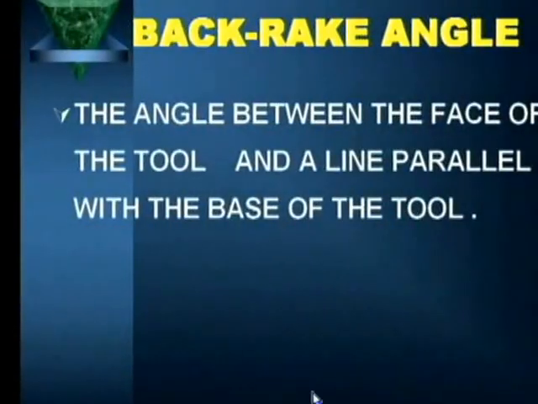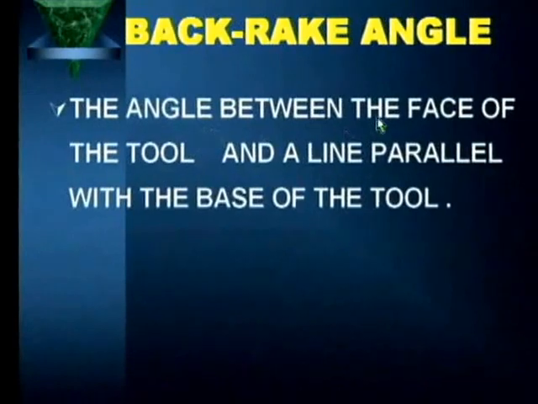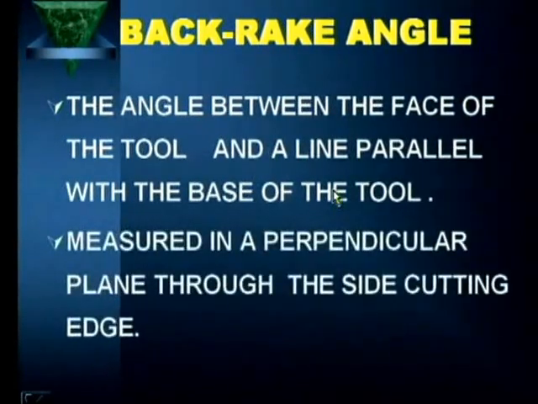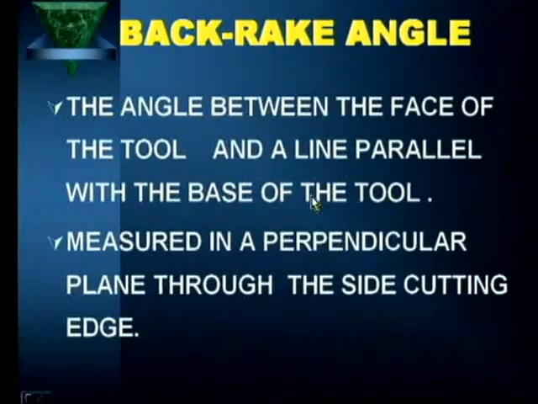Again, the rake angle is divided and can be measured in two directions. One is the back rake and the other is the side rake. And we will see what the back rake and the side rake are. So what is a back rake angle? The angle between the face of the tool and a line parallel to the base of the tool.